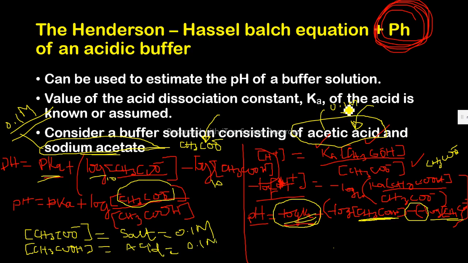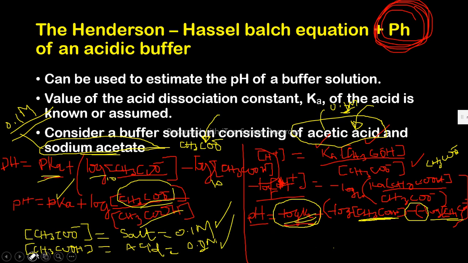If the acid is 0.2, then this one will be 0.2. Now you know the pKa, the concentration of the salt, and the concentration of the acid. You simply substitute in here and get the pH of the buffer solution.